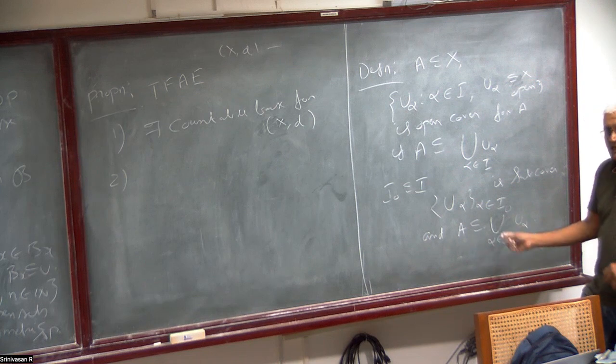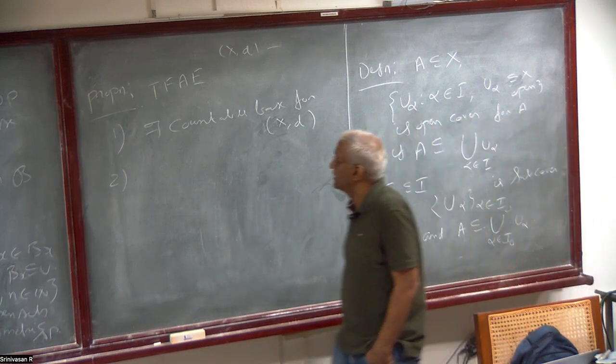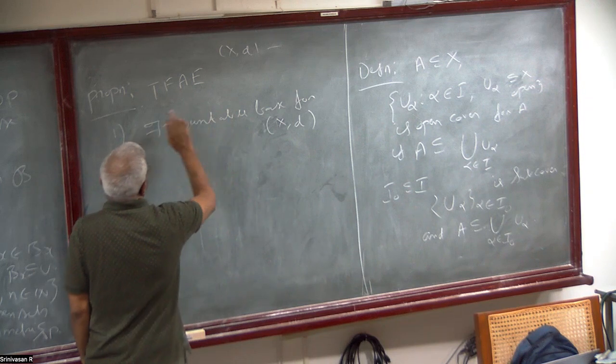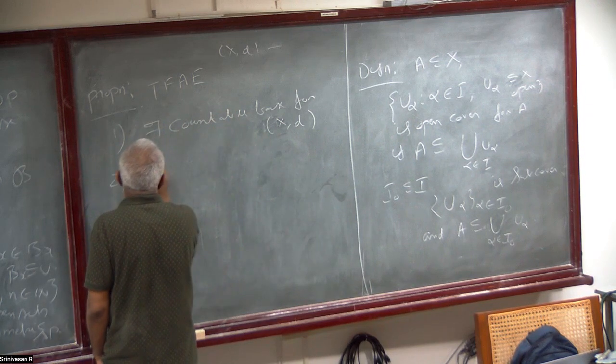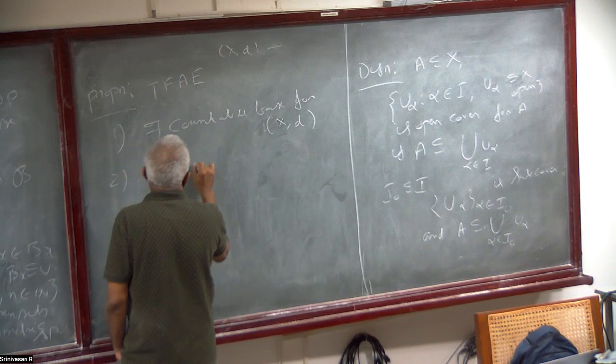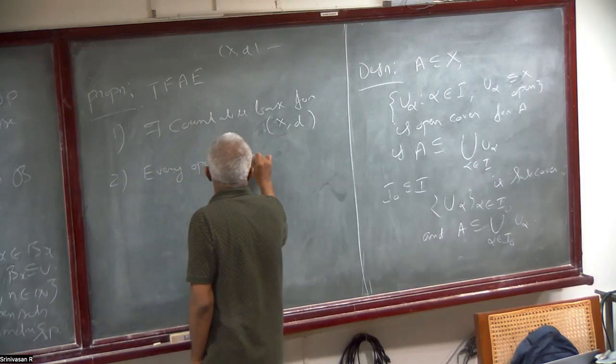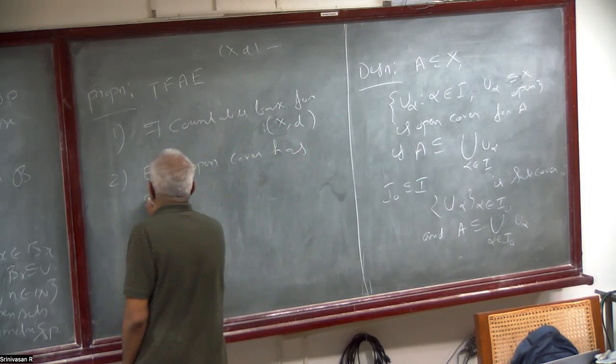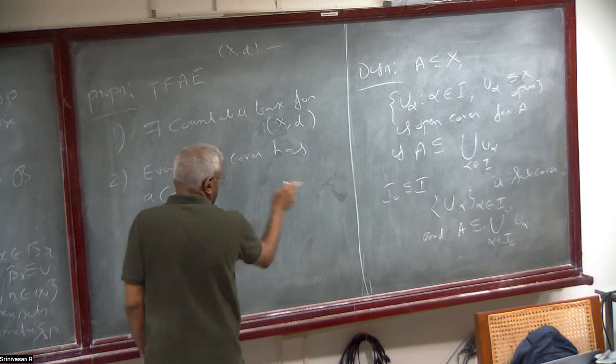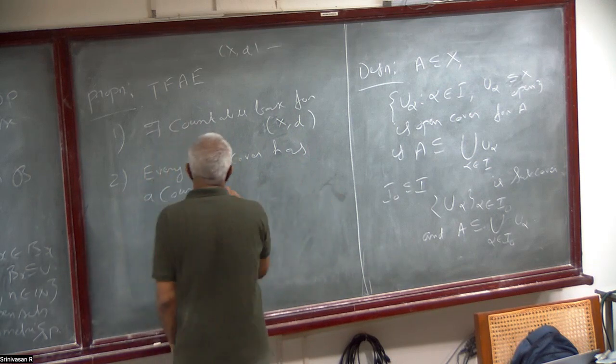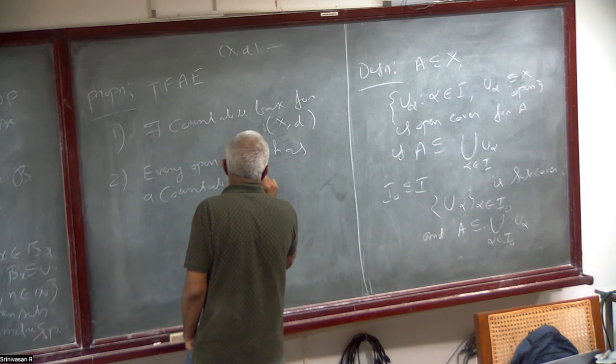That is what is called a subcover. That's a cover, this is a subcover. So if the space has a countable base, then every open cover has a countable subcover, meaning the sub-collection is countable.